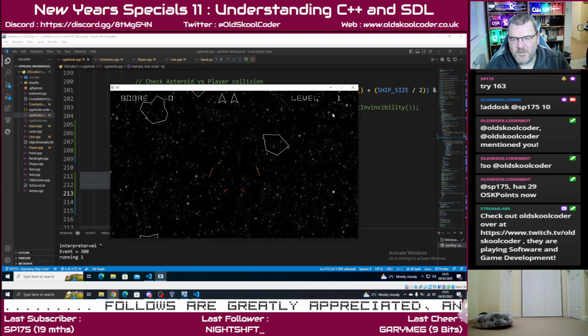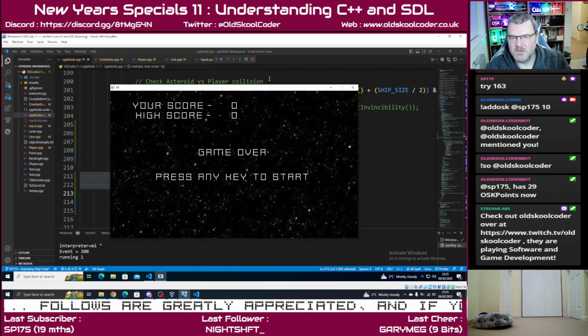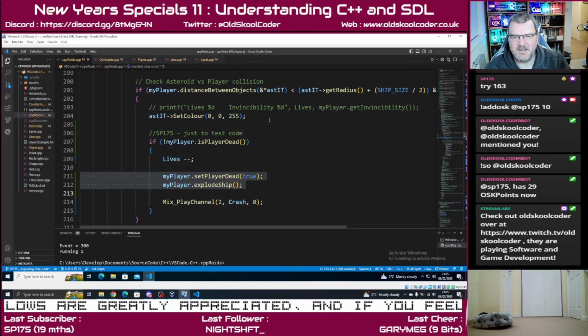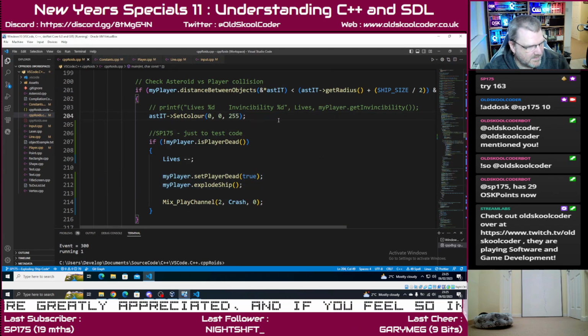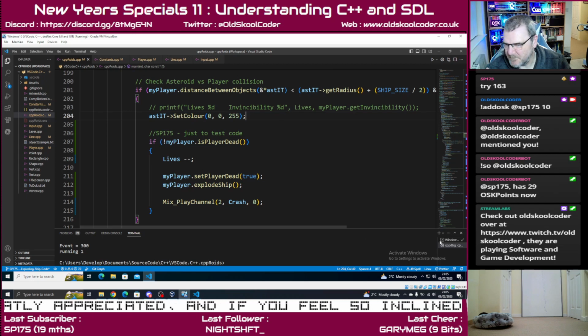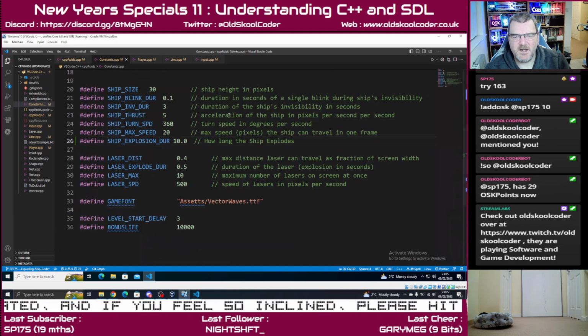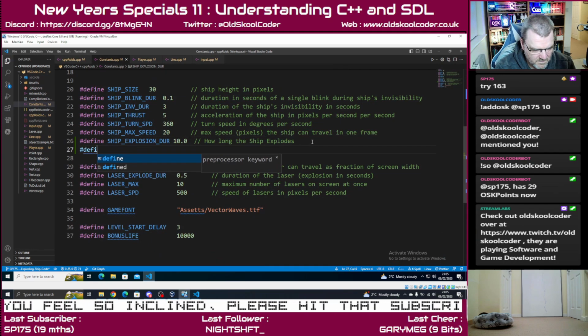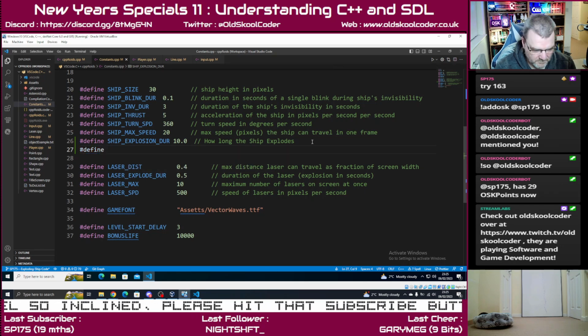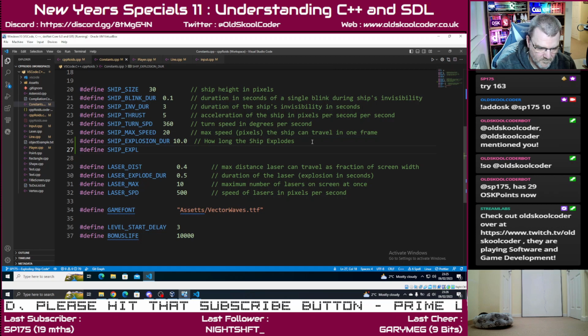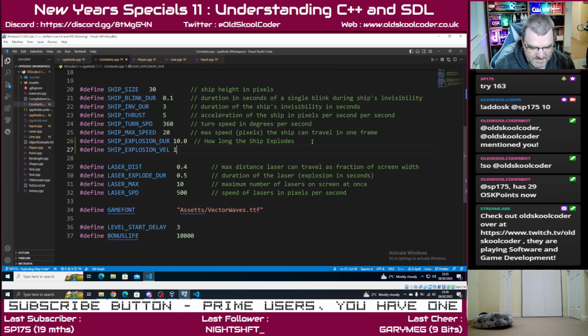Right, there's only one thing now to do, and that's to add the ship momentum to the velocity, yeah? So let's create a constant and we made it 10, yeah?